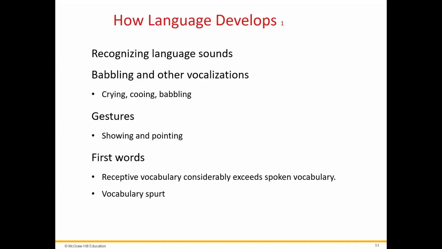So the receptive vocabulary is always ahead of the spoken vocabulary. They always understand more words than they can produce. Their spoken vocabulary gets up to 50 words sometime around 18 months, a year and a half. So at 13 months, they were doing their first word. 5 months later, at 18 months, they're producing about 50 words.